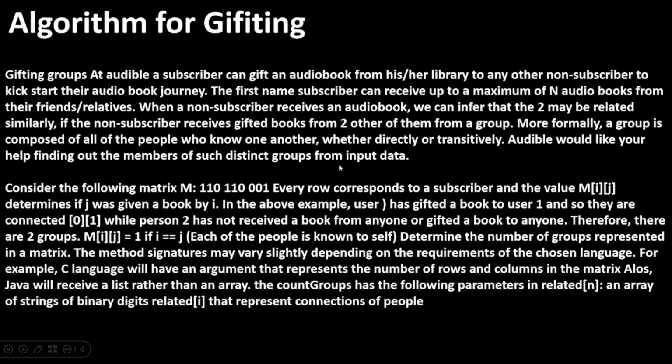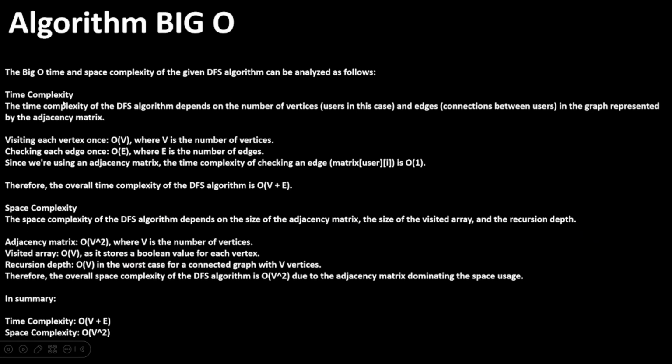The Big O time and space complexity of the given DFS algorithm can be analyzed as follows. The time complexity of the DFS algorithm depends on the number of vertices, in this case users, and the edge connections between users.